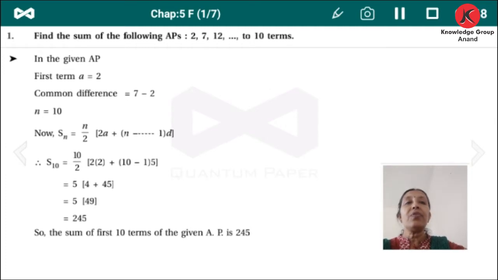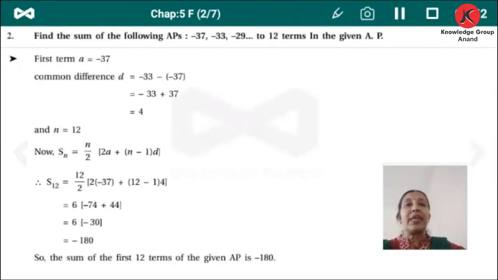Now question number 2. Find the sum of the following AP: minus 37, minus 33, minus 29, up to 12 terms of the given AP.